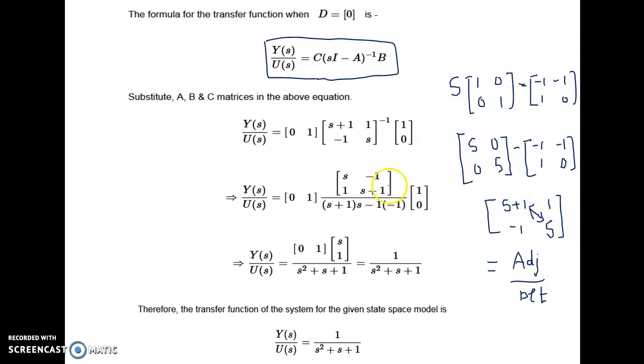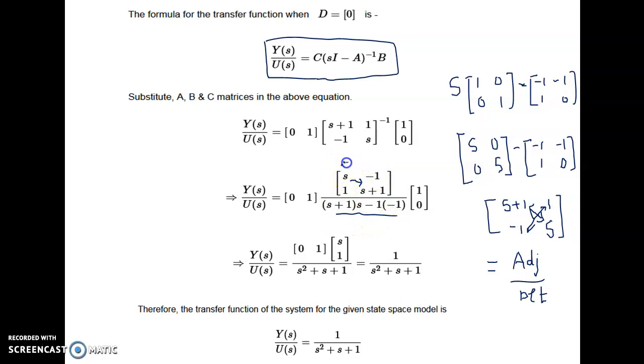So that is what is written here, s and s plus 1, and change the signs of these two off-diagonal elements. So they will become plus 1 and here minus 1. And then find the determinant. s is multiplied with s plus 1, minus 1 into minus 1. So this is the determinant.